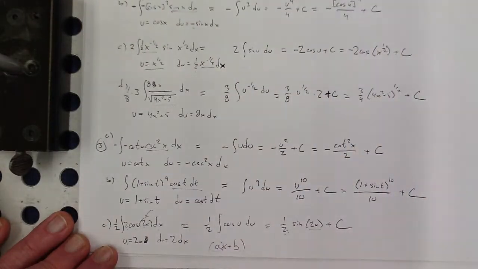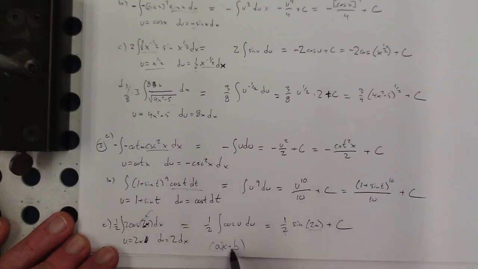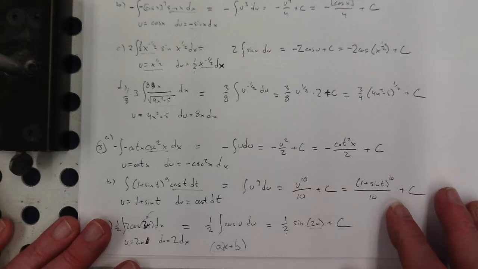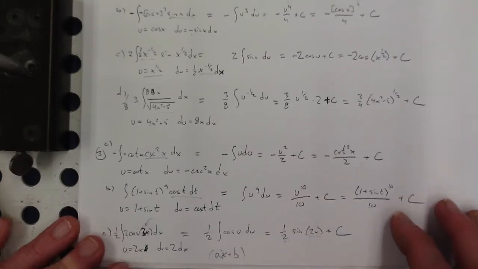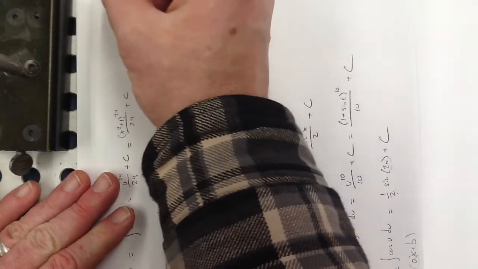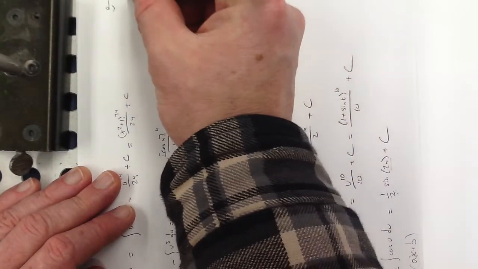But if it's just a constant times x to the first power, and you could have a plus b or whatever, then you're just going to end up dividing by that. You can write out a u substitution for that, but it's going to get kind of old when you keep getting the same kind of answer. So hopefully you'll pick up on that pattern and get comfortable with that.